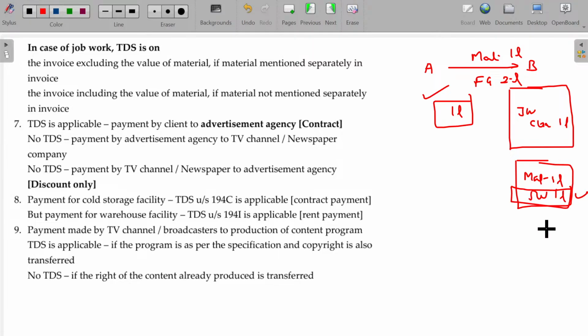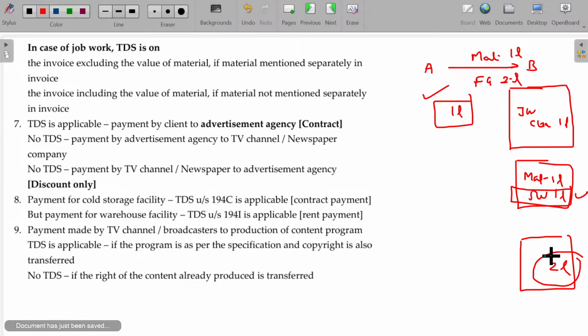But A demands, I need the finished goods. You plan yourself, purchase wherever you feel comfortable and send me the finished goods, you'll get the commission. Then the job worker raises the invoice as 2 lakhs for the finished goods. Then TDS is applicable on 2 lakhs. Now the question is, is TDS applicable only on the job work or on the full value including the material?